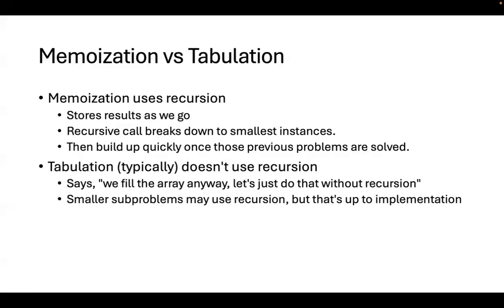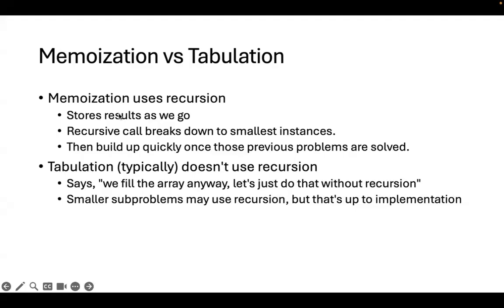And so the benefit to that is if there's a lot of recursive calls, then tabulation avoids that because that can trigger system constraints if we have too many recursive calls. That doesn't mean that we can't use recursion with tabulation. The smaller subproblems may still do it. It just kind of depends on how you decide to implement it.